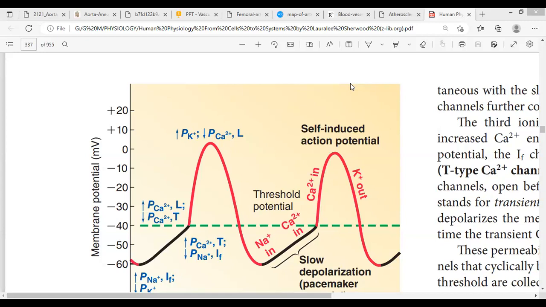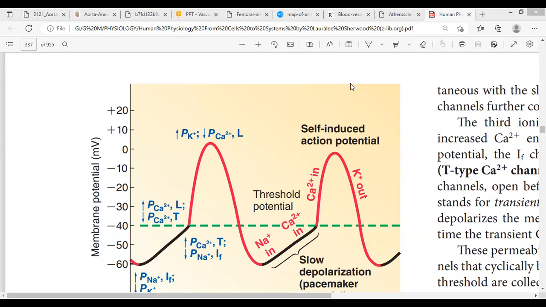Yeah, and then once it has reached maximum depolarization, these calcium channels close, and potassium channels now open, where potassium leaves the cell and causes repolarization.